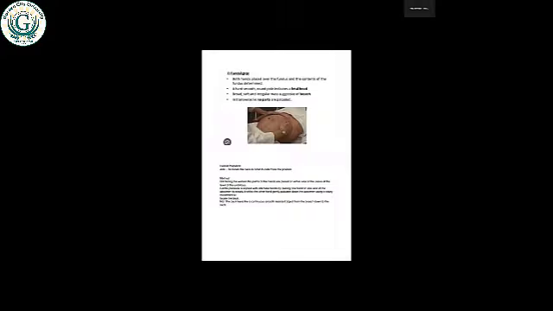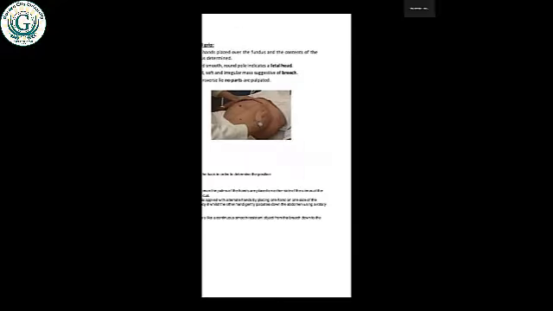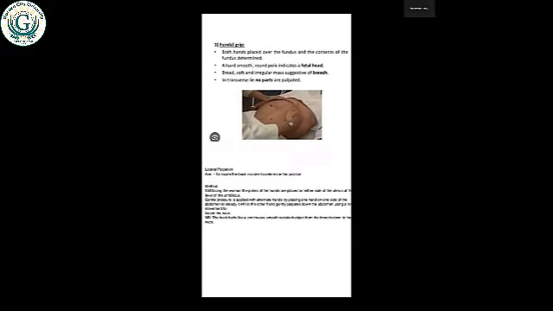So we move on to the fundal grip. With the fundal grip, both hands are placed over the fundus, and the contents of the fundus are determined. A hard, smooth, round pole indicates a fetal head. So as you are doing the palpation, when you locate a hard and smooth round pole, it indicates that this is the fetal head.